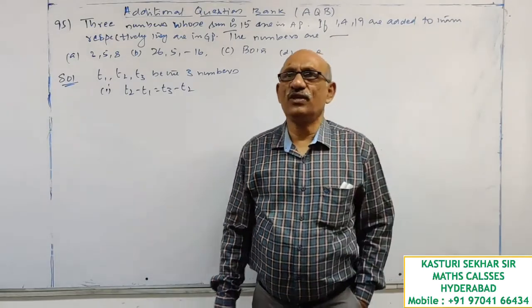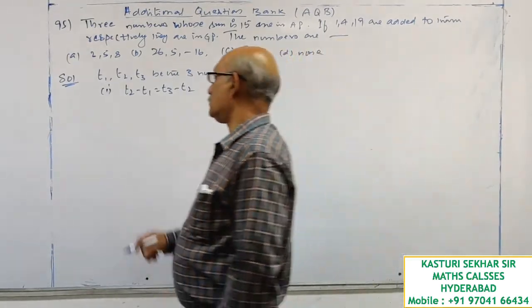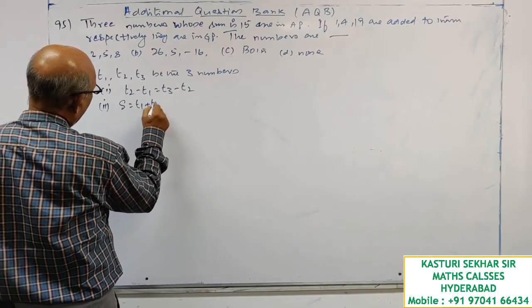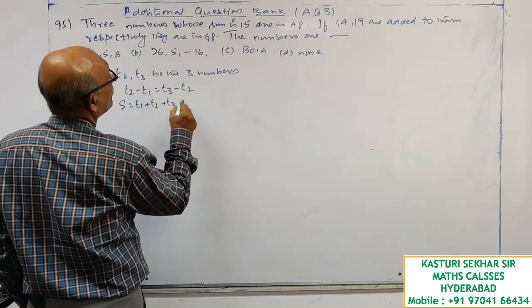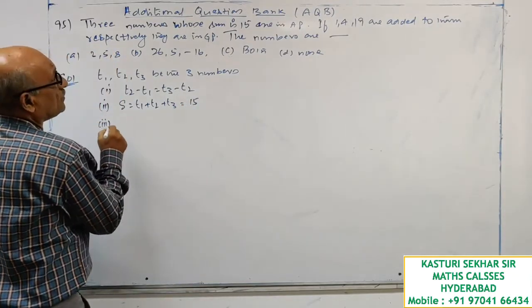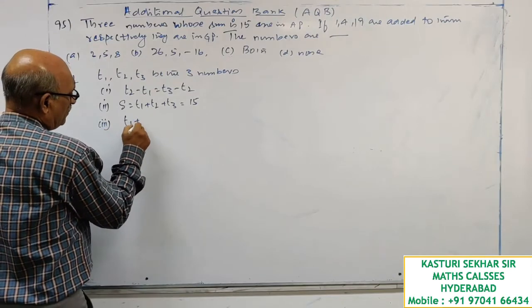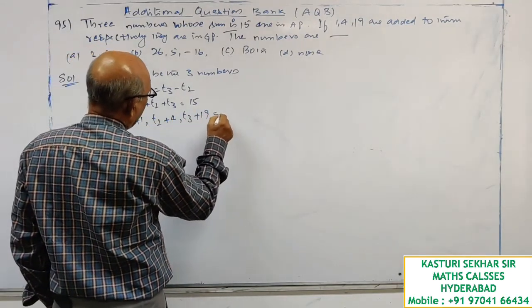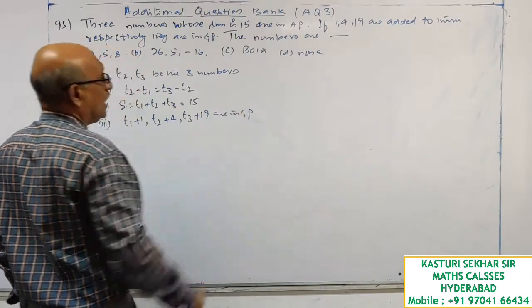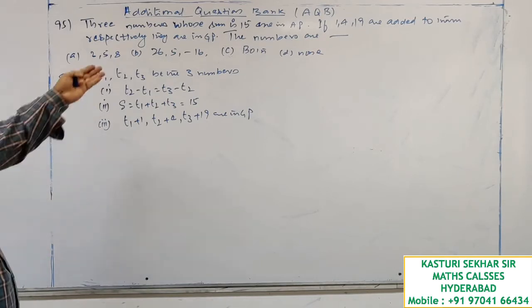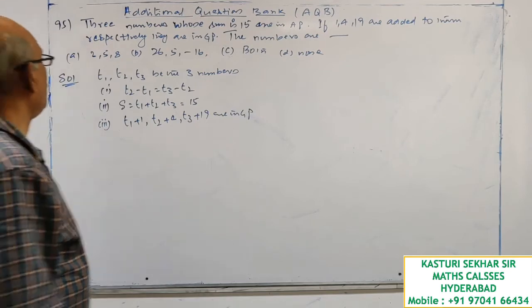Second condition is S is equal to T1 plus T2 plus T3, which is 15. Third condition, T1 plus 1, T2 plus 4, T3 plus 19 are in GP. These are the three conditions the numbers have to satisfy. So the option which satisfies these three conditions is the answer.